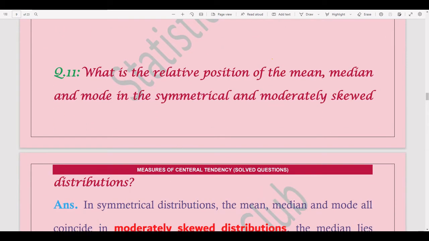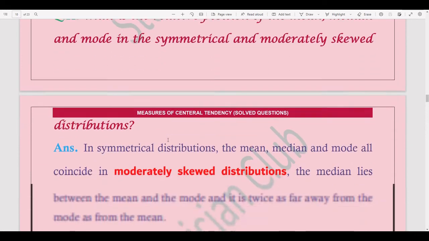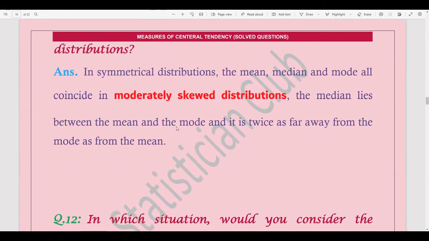What are the relative positions of mean, median and mode in symmetrical and moderately skewed distributions? In a symmetrical distribution, mean, median and mode coincide.